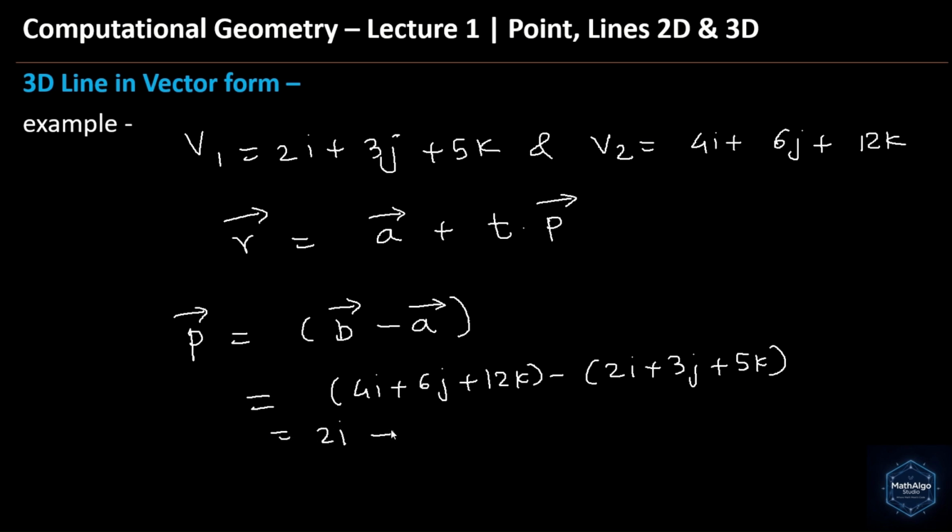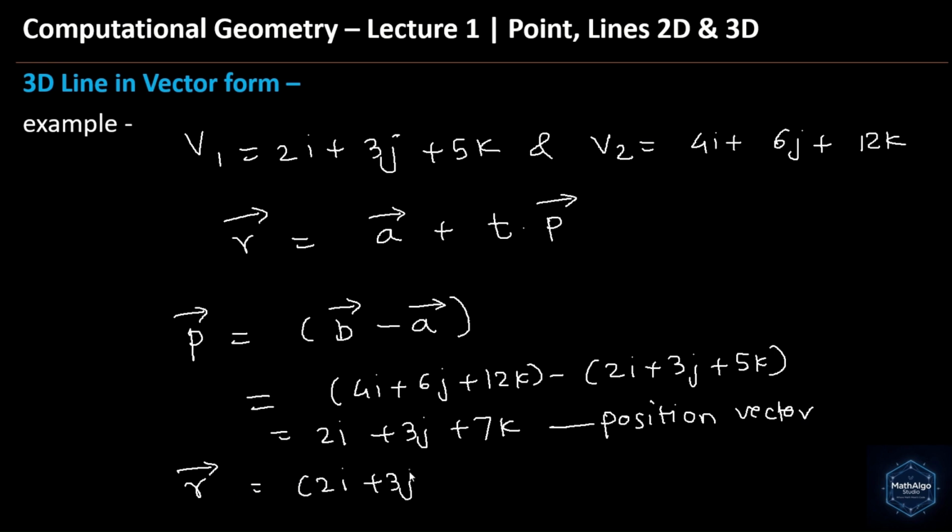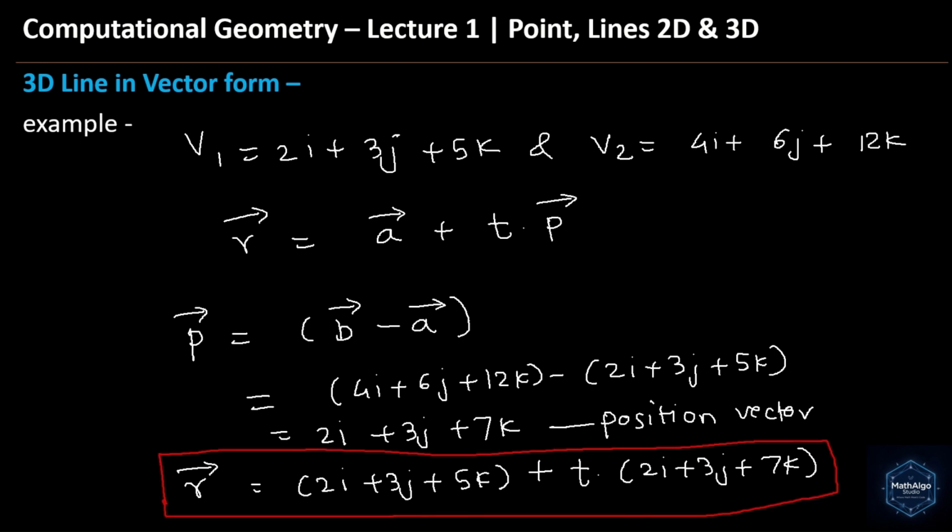Vector p becomes 2i plus 3j plus 7k. Finally, the equation of the line becomes vector r equals 2i plus 3j plus 5k plus t times (2i plus 3j plus 7k). This is the final answer.